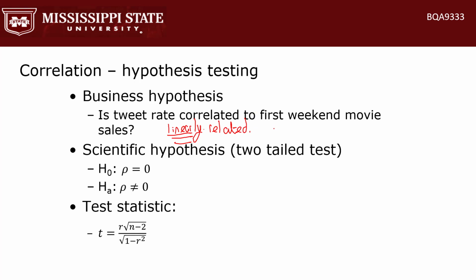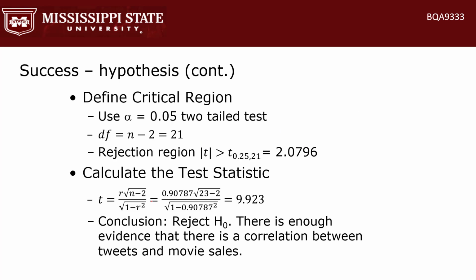And if you were doing a one-tailed test, you would add positively or negatively. So we're doing two-tailed. Our null hypothesis is rho is 0, and the alternative hypothesis is rho not equal to 0. This is the t that I explained before, the test statistic.